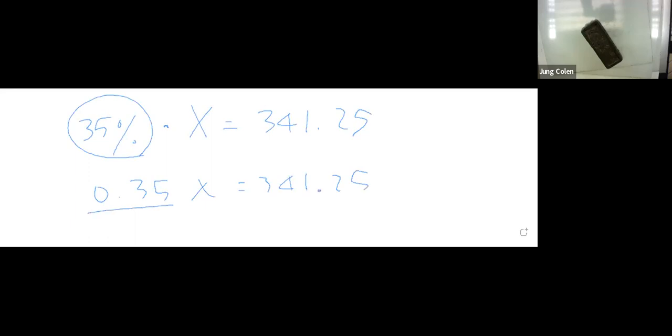Now divide both by 0.35. Remember we did decimal divided by decimal, you can move the decimal point, right? Both of them you can multiply by the same number. So it's the same as 34,125 divided by 35. And what do you get? And that's the price, right? So we are done for that.